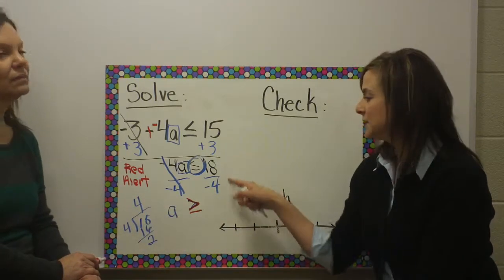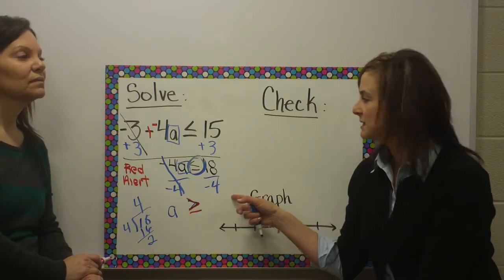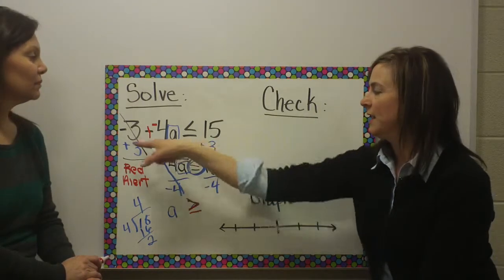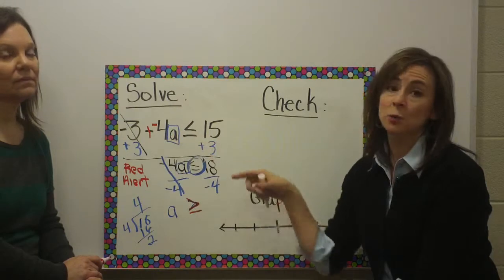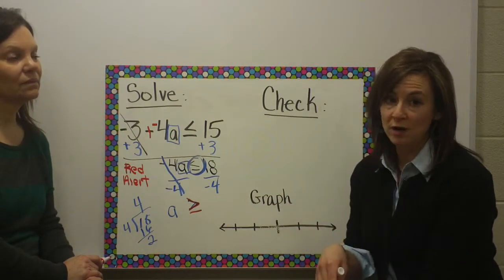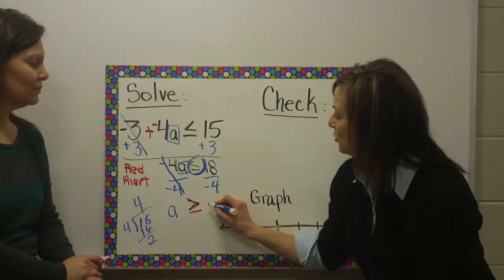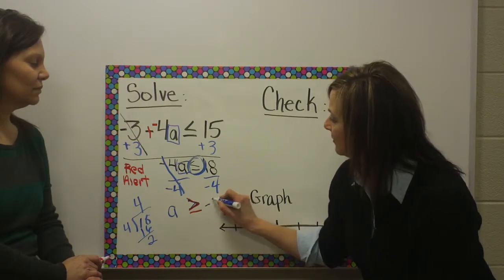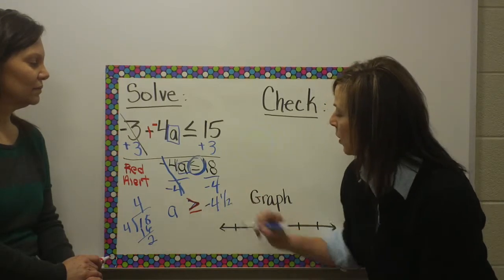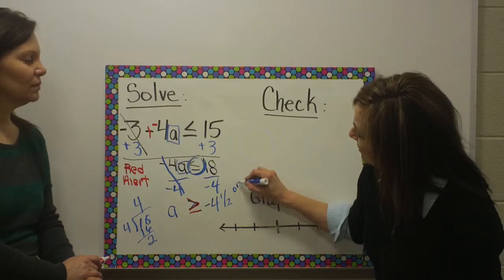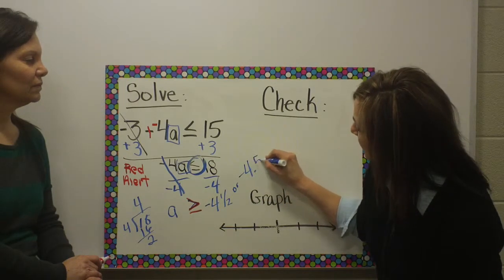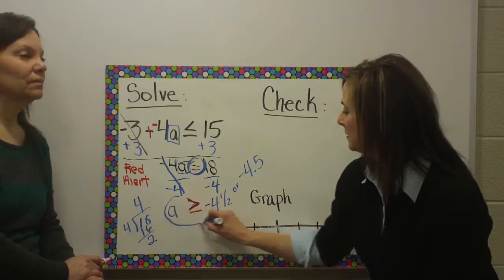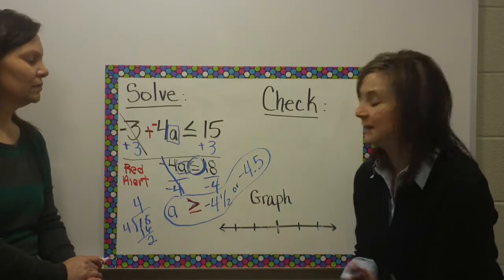Now, if you do this on your calculator, you might pop up with a decimal. I can write it as a fraction or a decimal. So you might have a -4 and 1/2, or you might have a -4.5. Either would be an acceptable answer because it's the same value.